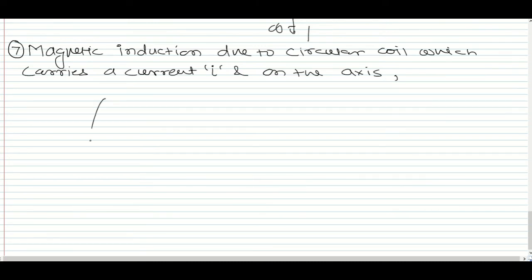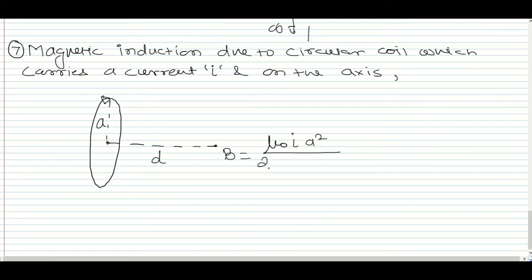So if we have a current carrying circular coil, and we want the magnetic field on the axis at a distance d, whose radius is a, suppose, then at this point the magnetic field will be mu naught I into a squared divided by twice of a squared plus d squared whole raised to 3 by 2.